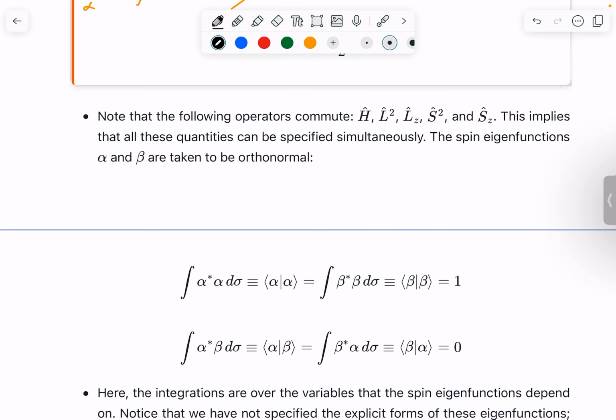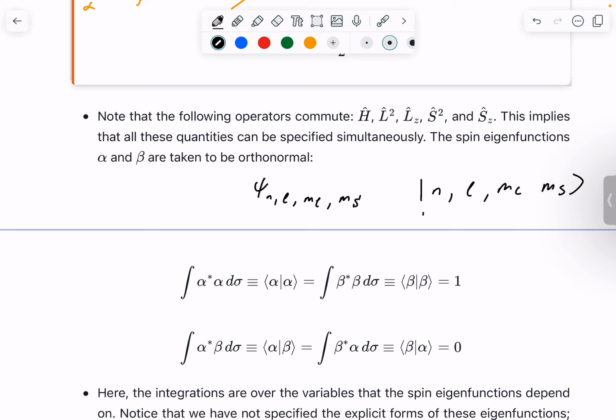So we wrote down the hydrogen atom eigenfunction with n, l, ml, and now we can add one more quantum number to fully describe the electron. Now we have four quantum numbers: the principal quantum number, angular momentum, projection of angular momentum, and ms, which can take values of +1/2 or -1/2. In Dirac notation it will be |n l ml ms>.